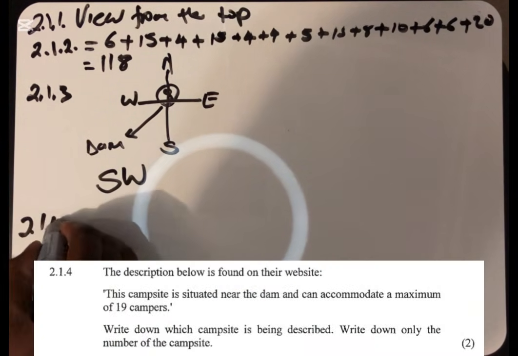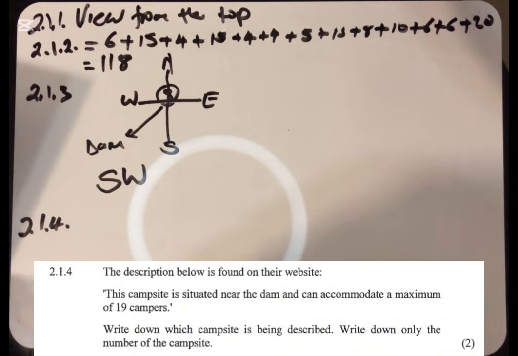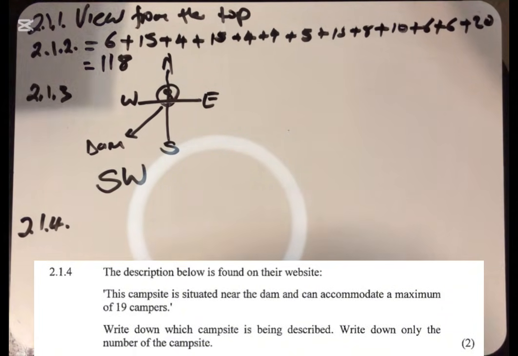Then 2.1.4, it says that the description below is found on their website. It says this campsite is situated near the dam. Okay, so if you look at near the dam, we are having 1, 2, and 9. Situated near the dam and accommodates a maximum number of 19.